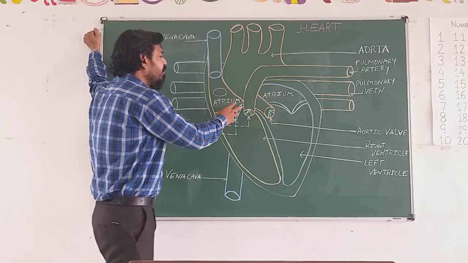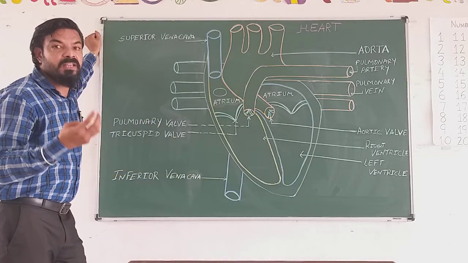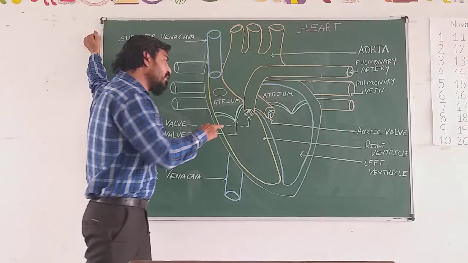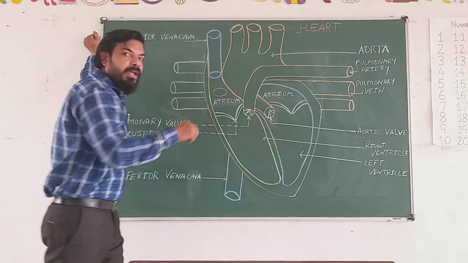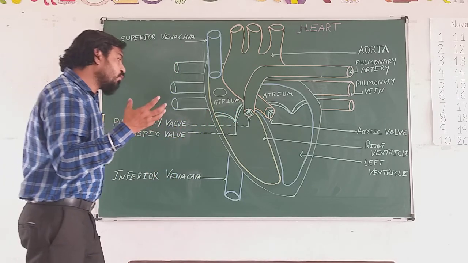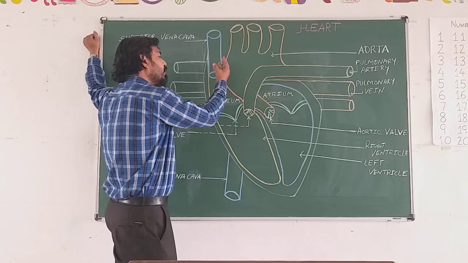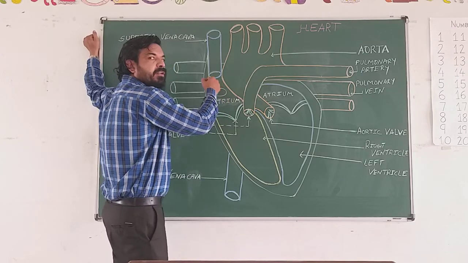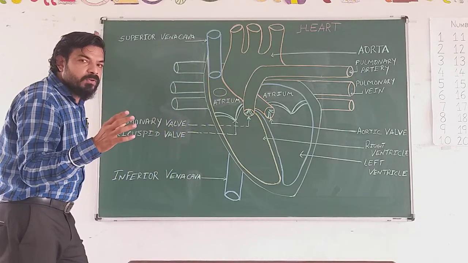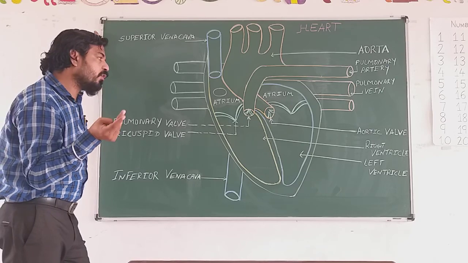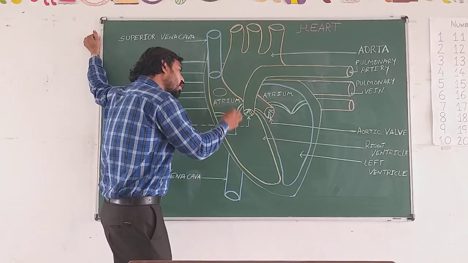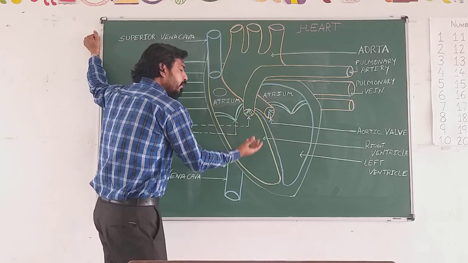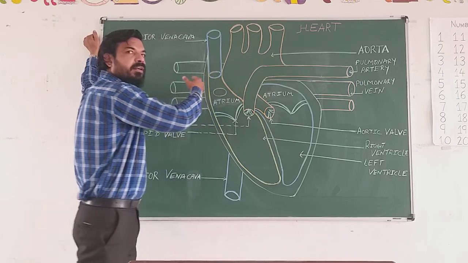This valve has 3 muscle flaps, and it stops the blood from flowing back from the right ventricle to the right atrium. Understand? The tricuspid valve has 3 layers of flaps. Got it?